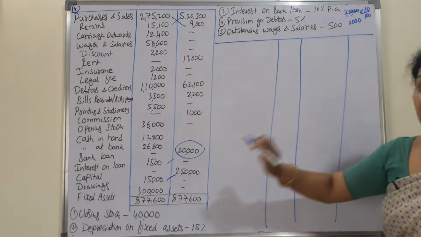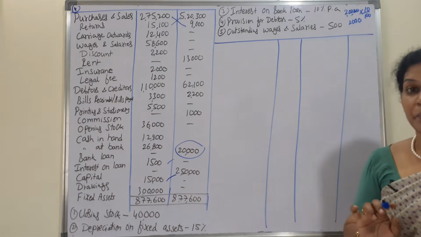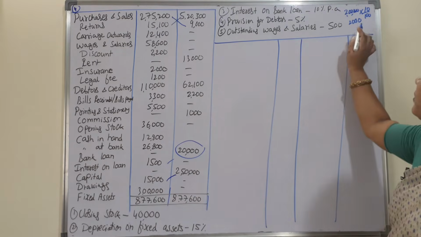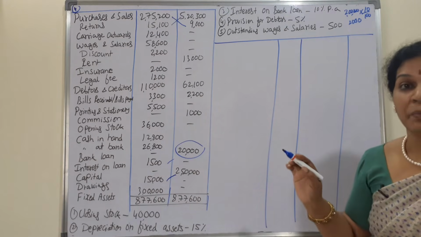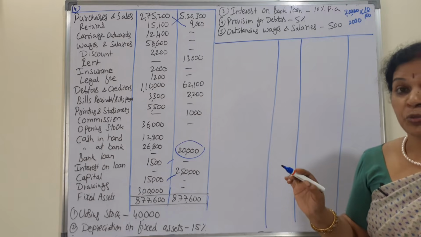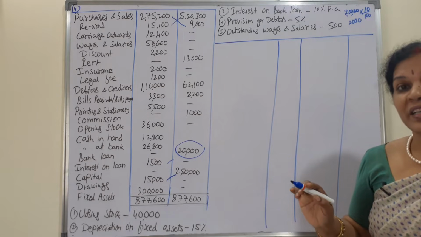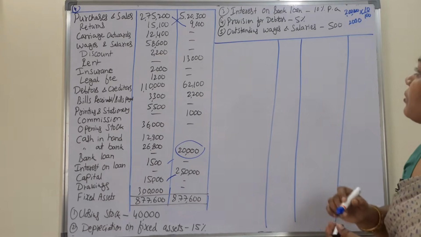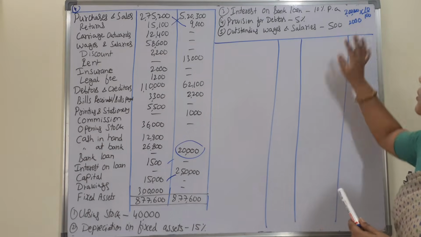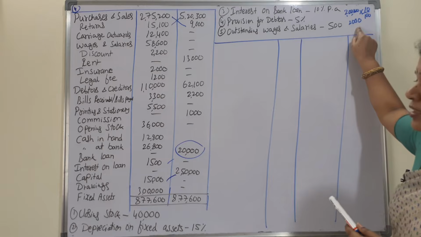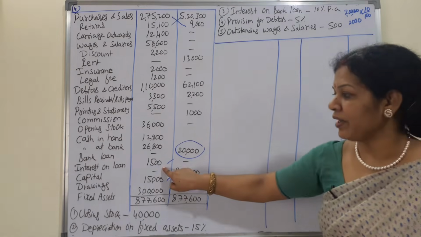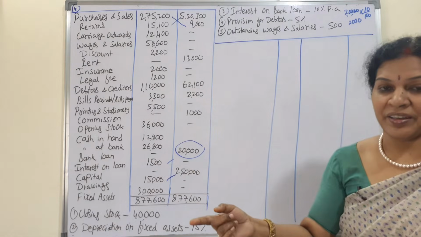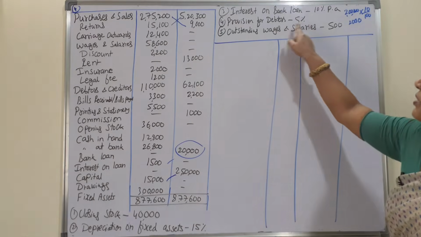Out of 2,000, 1,500 paid. Please be careful. It means 500 is payable. This is a hidden adjustment. You need to be very careful. So this is about interest on loan. 2,000 is the loss, paid 1,500, payable 500.